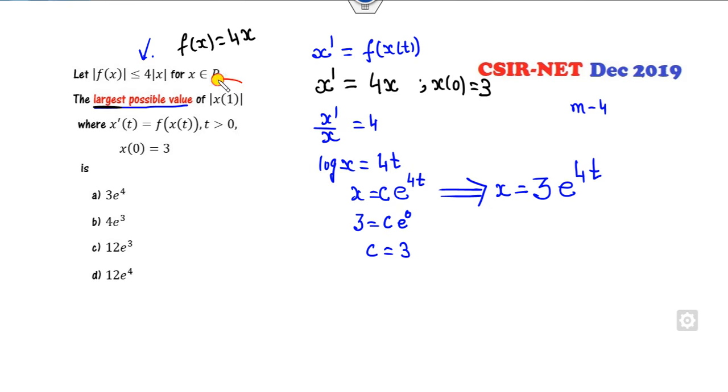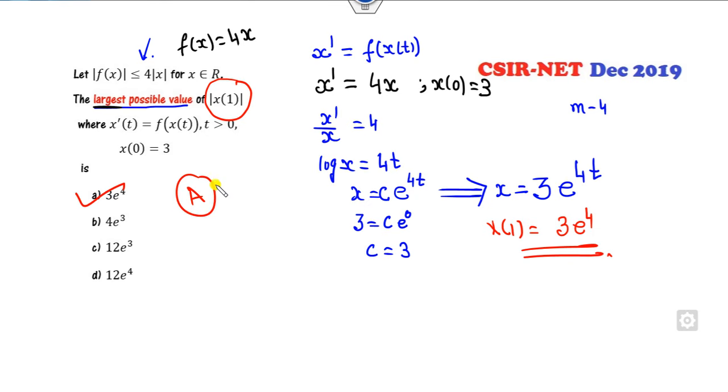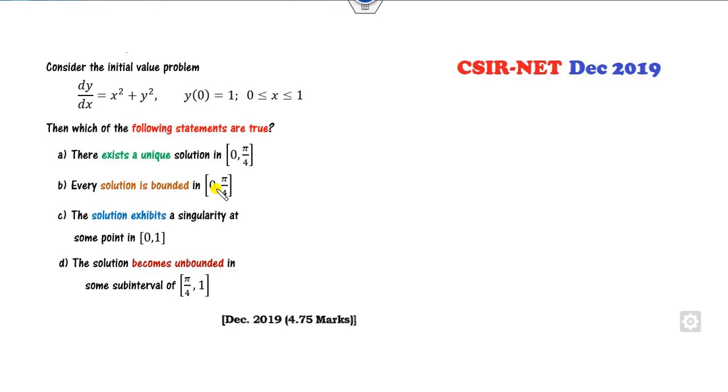Now your target is to find the largest value at the 1. So the value at 1 is 3 e raised to power 4, which is my right answer of the problem. Look at the next question.